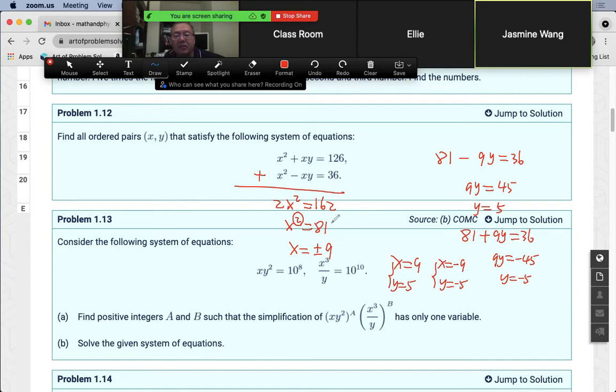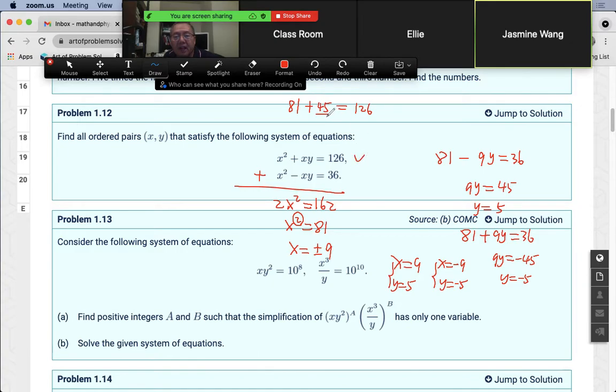Now let's plug these into the first equation to check if that also satisfies it. x squared, whether x is negative or positive 9, will be 81. If x is positive 9, y equals positive 5, so xy is 45, and you get 126. So this one is satisfied.